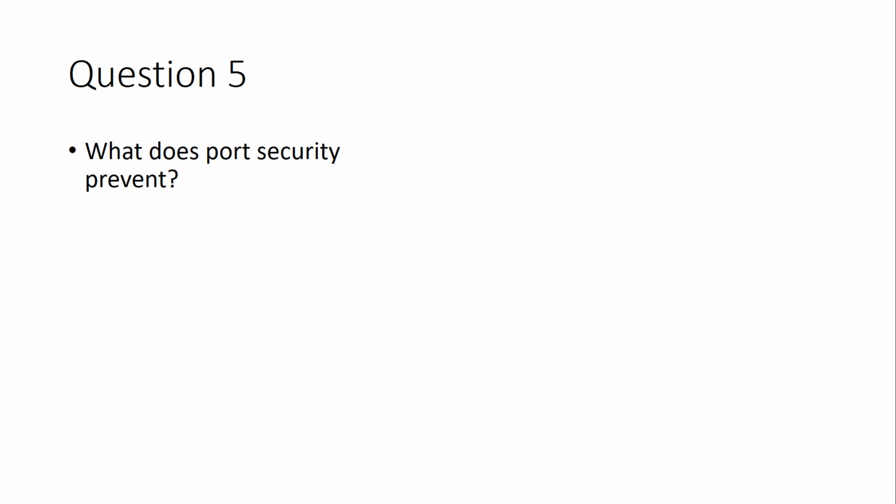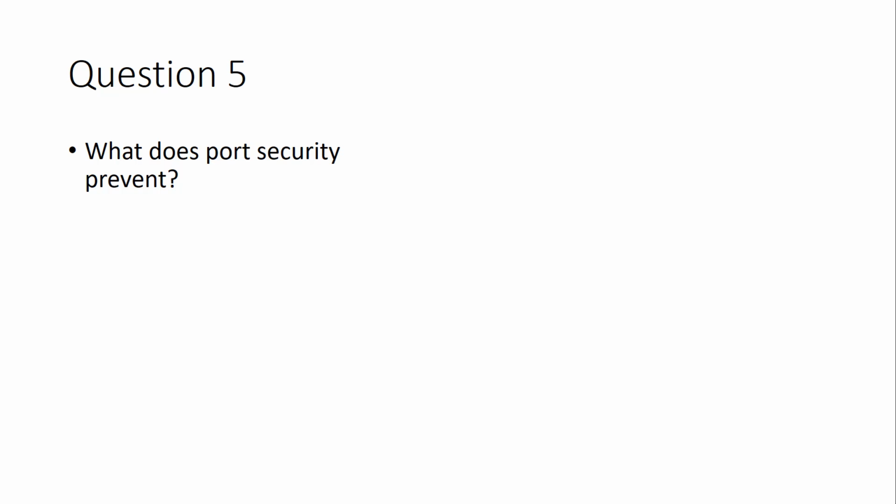If you have port security turned on a switch and it learns one MAC address and you have it set to only remember one MAC address, if you unplug that device and plug a new device in, what ends up happening is the port could shut off because it's not the MAC address it's expecting or is programmed to accept. That way you can have some control over ports in unsecured areas.